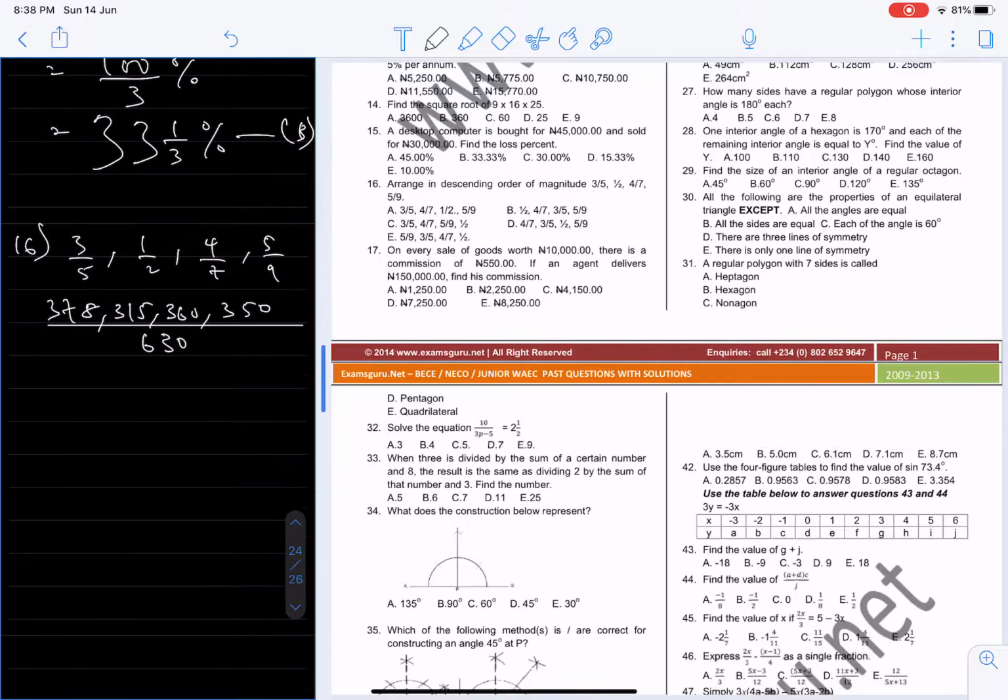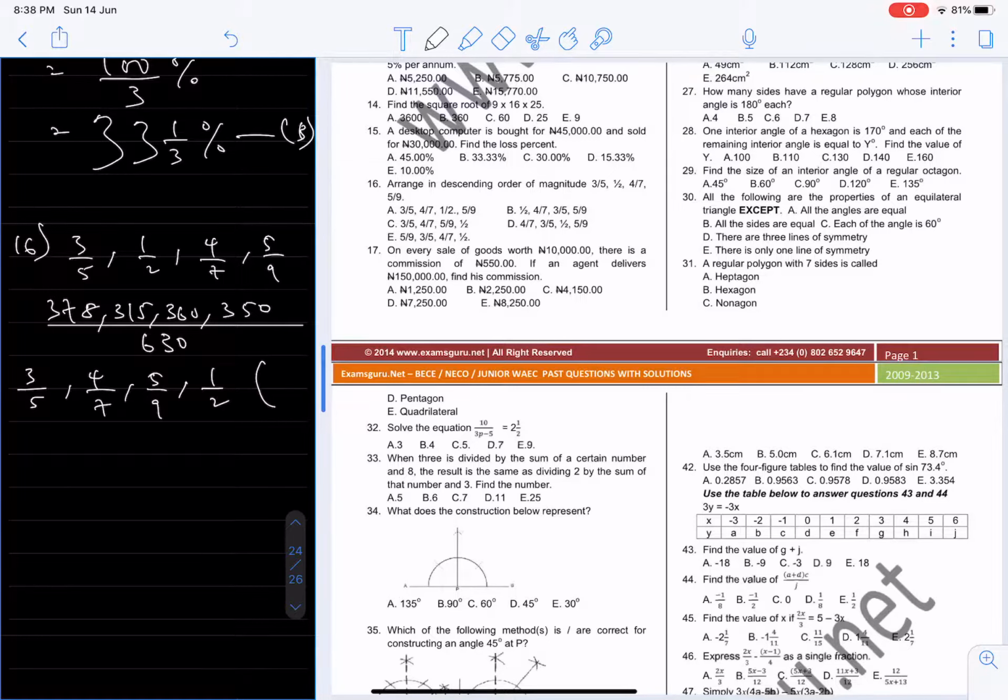The biggest one is 378, and the fraction that represents that is 3/5, followed by 360, and the fraction that represents that is 4/7. Followed by 350, and the fraction that represents that is 5/9. And then the last one, which is 315, represented by the fraction 1/2.